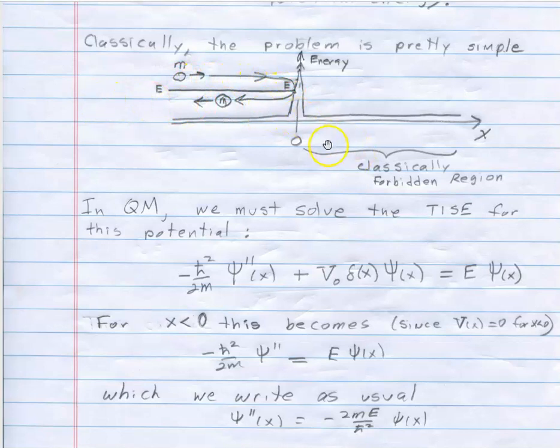So classically, the infinite potential barrier is prohibitive, in that it never lets any incident particle over into the region x greater than zero, and that's said to be a classically forbidden region. The reason is we can't give a physical particle infinite energy, so it never has enough energy to get over this infinite barrier.